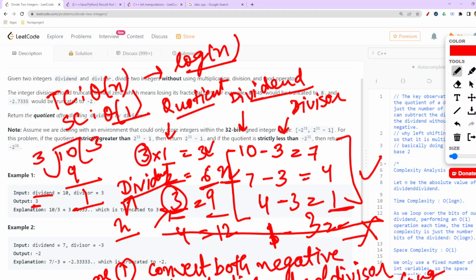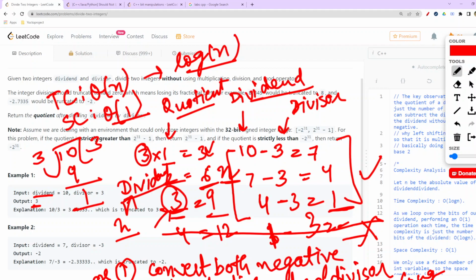Although the current time complexity could work, because it's 2 raised to the power 31, it is still much costlier. So that's why we are required to reduce it, and in that context we could think in terms of powers.